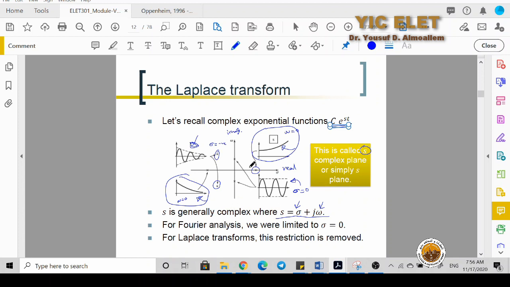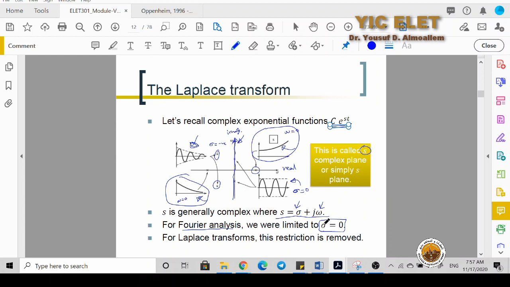So if we want to compare this with the Fourier transform, for the Fourier transform we are limited to sigma equal to 0. And where is sigma equal to 0? It is just this vertical axis. So when we talk about the Fourier transform, we were talking about only this line.